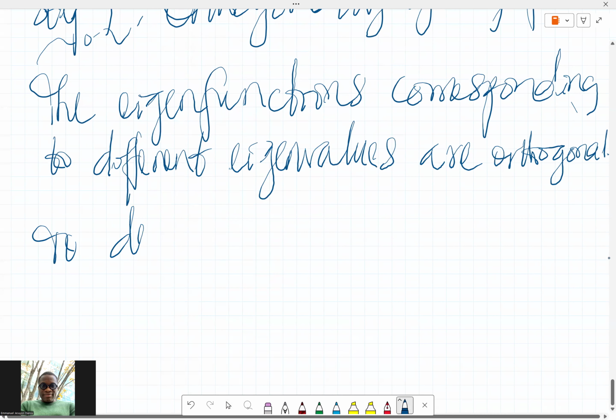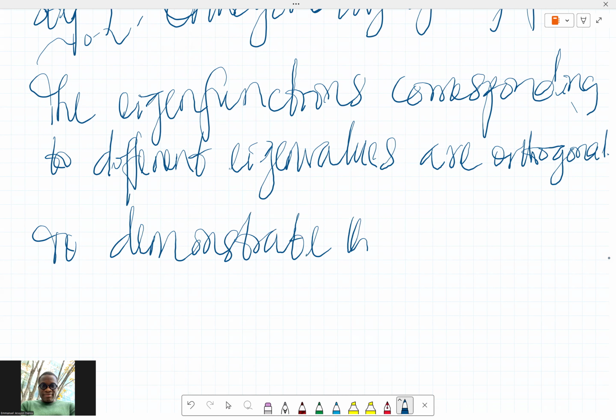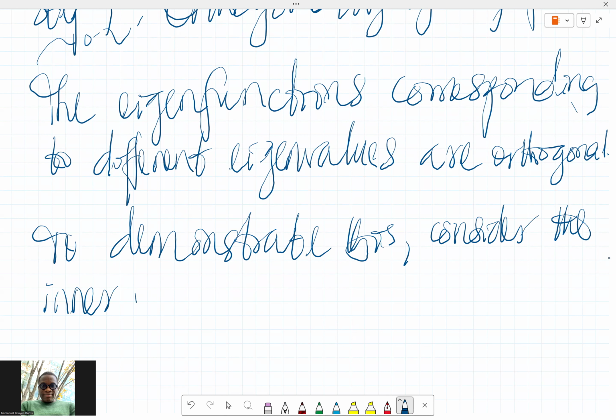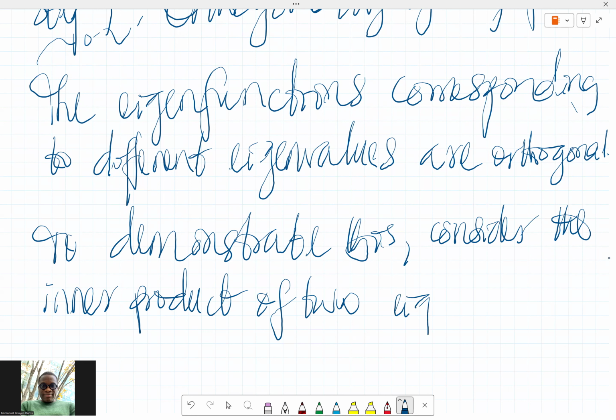To demonstrate this, consider the inner product of two eigenfunctions.